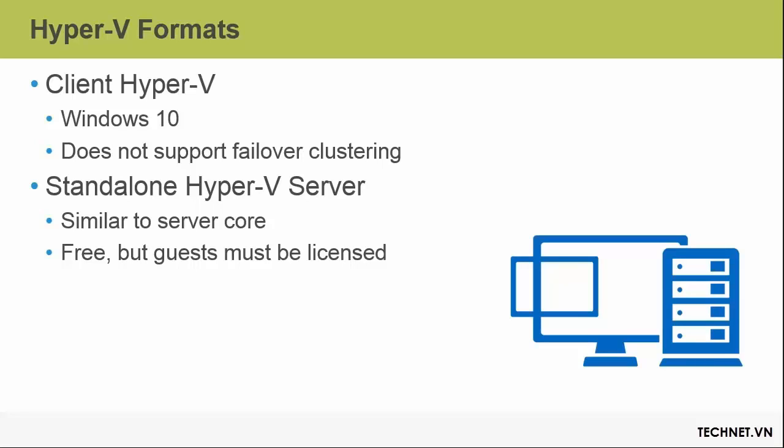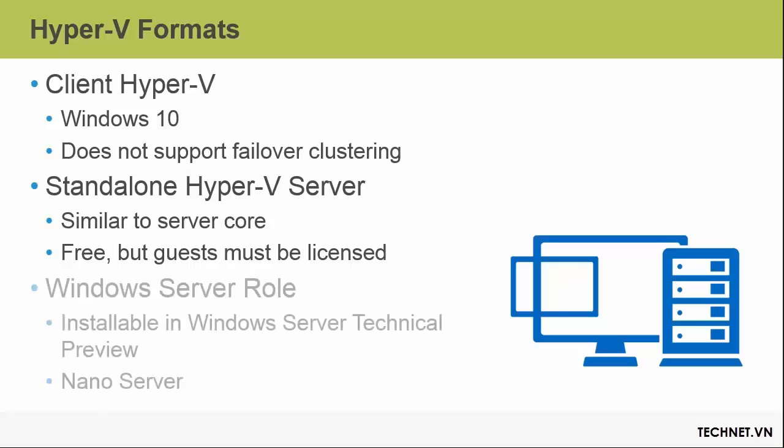We could use remote graphical tools, however, to manage our standalone Hyper-V server. We could even join it to an Active Directory domain or join it to a failover cluster. So the standalone Hyper-V server product then is free, but the guest operating systems you run on it will have to be licensed properly.